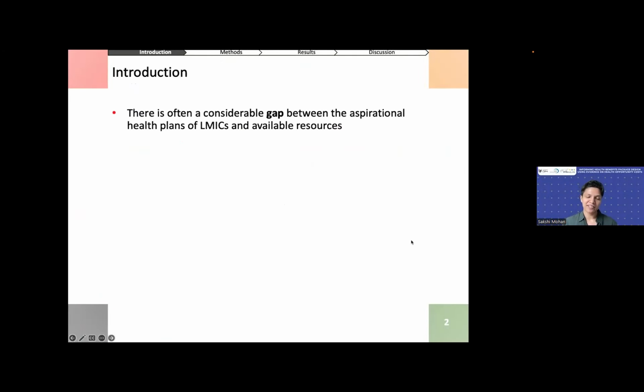As the previous speakers have highlighted, there's often a considerable gap between the aspirational health plans of low and middle income countries and their available resources. This is where the use of cost effectiveness thresholds, or the idea of health opportunity costs, comes in, which allows countries to incorporate resource constraints in their prioritization decisions to bridge this gap between aspiration and feasibility.